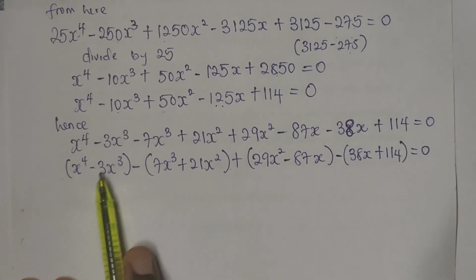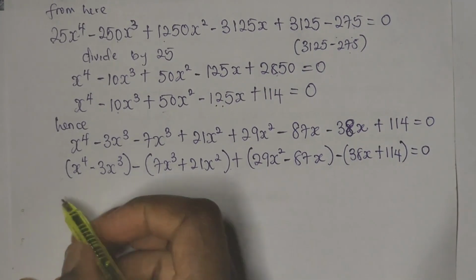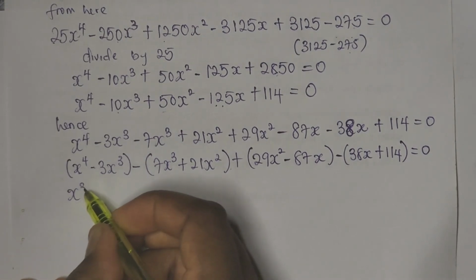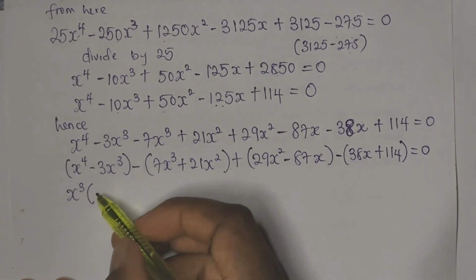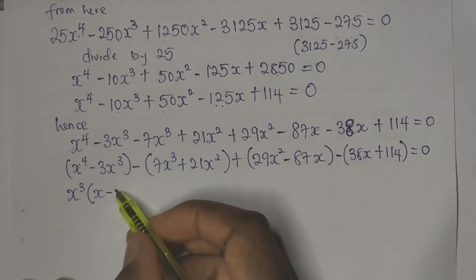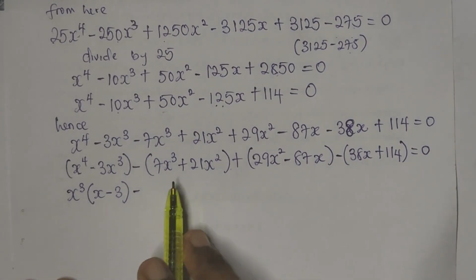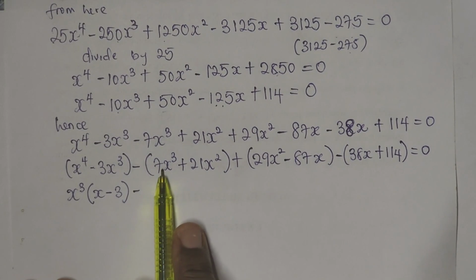Let's factor out the common values. There is x to the power of 3 and there is x to the power of 3. So we have x to the power of 3 times x minus 3, minus, from here we can factor out minus 7x squared.